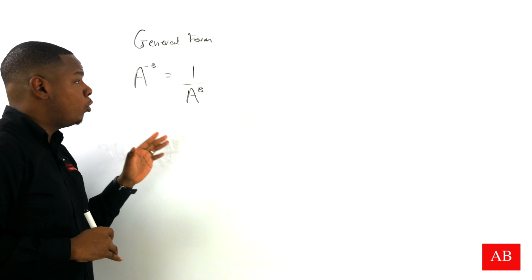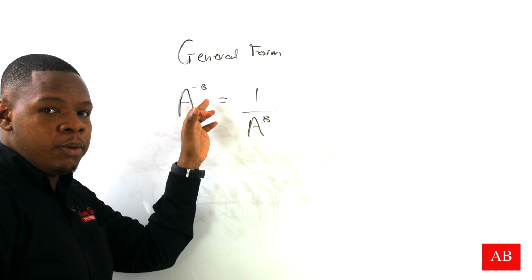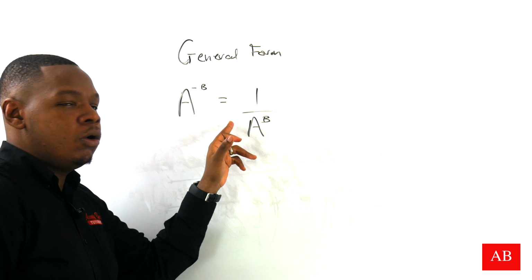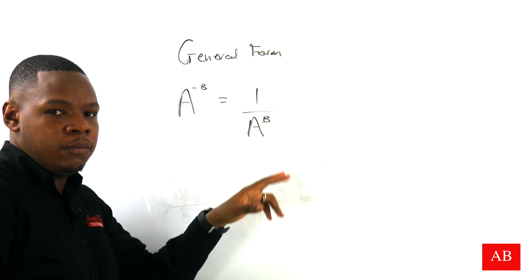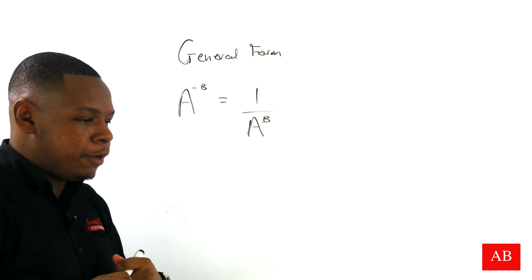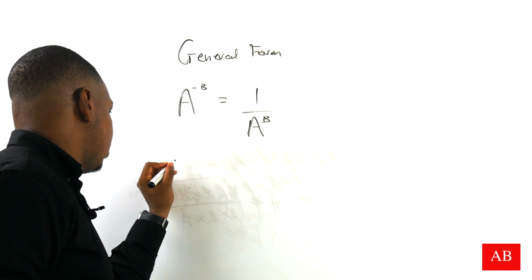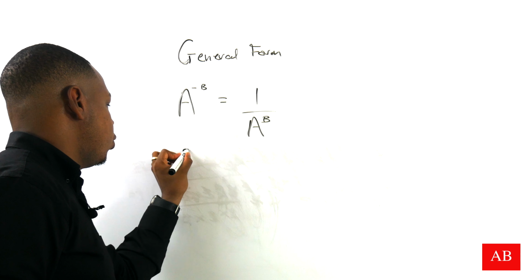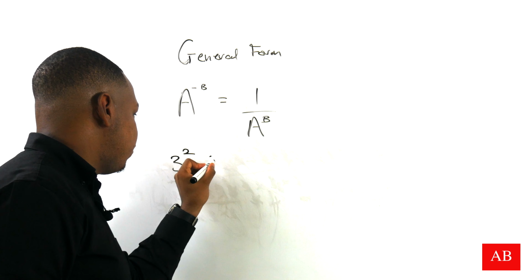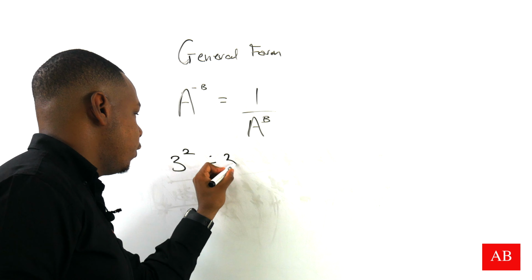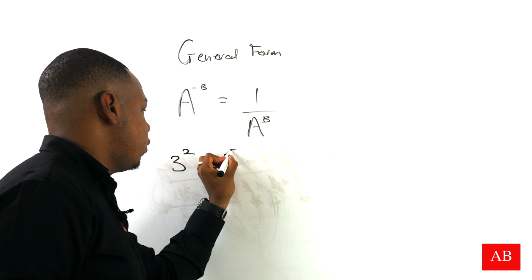Law number 5. When a base is indexed to a negative power, the result is the reciprocal of said base raised to said power. Now our general form would be A raised to the minus b is equal to 1 over A raised to the b. Let's look at a practical example again. 3 squared divided by 3 to the 5th.